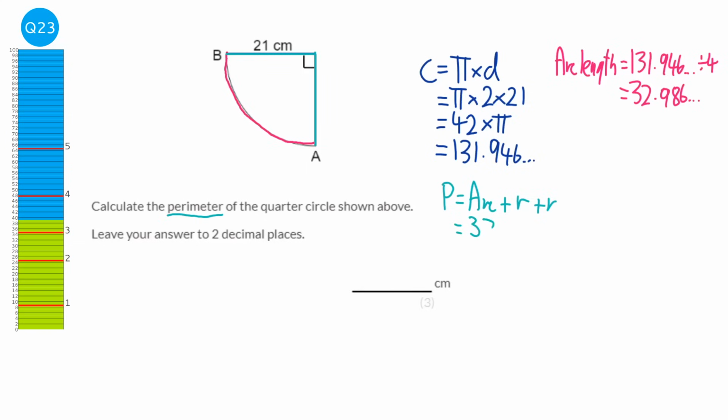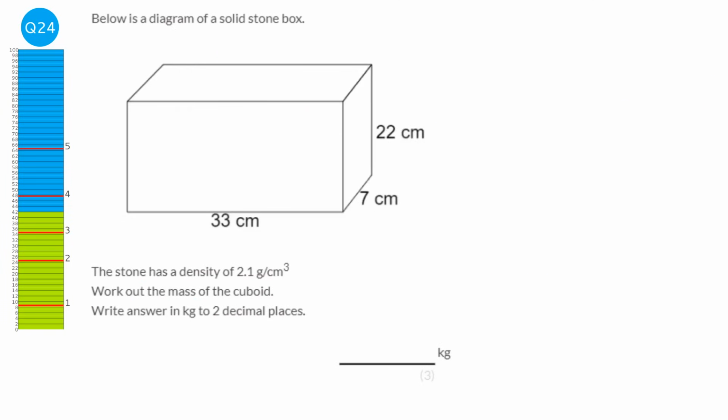So that's going to be 32.986... plus 21 plus 21, which equals 74.986... And when we round that to 2 decimal places, we get the answer of 74.99.